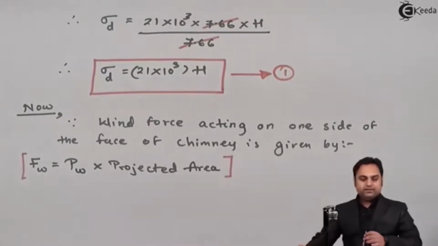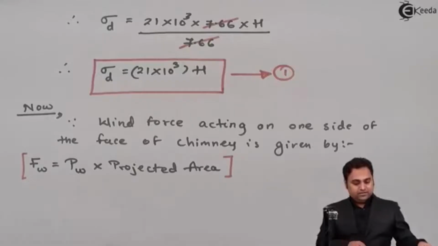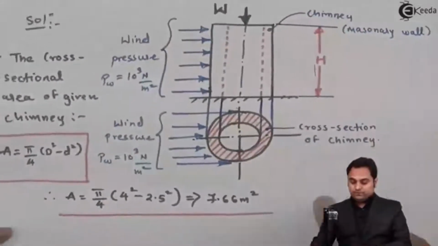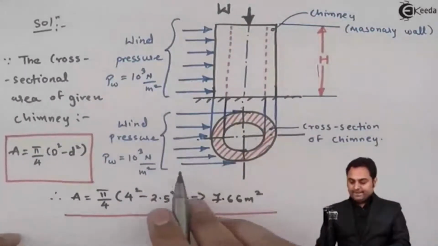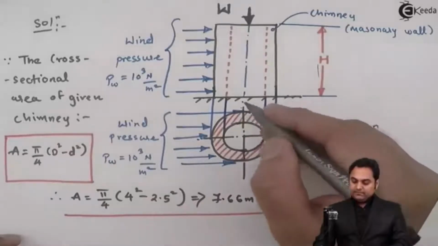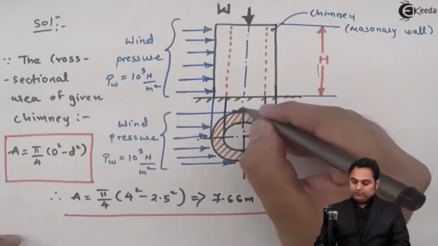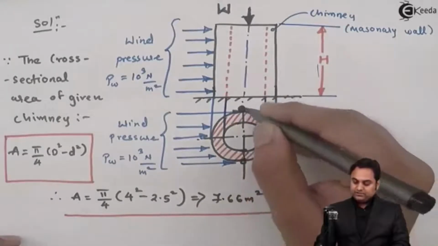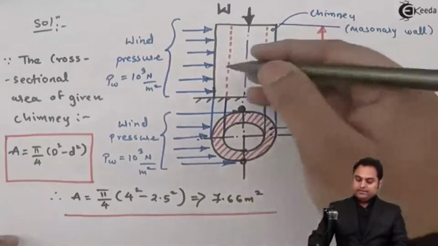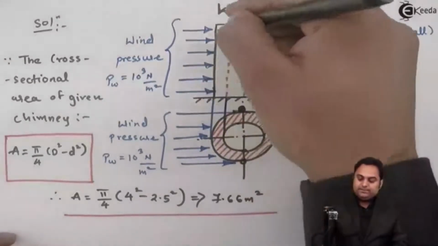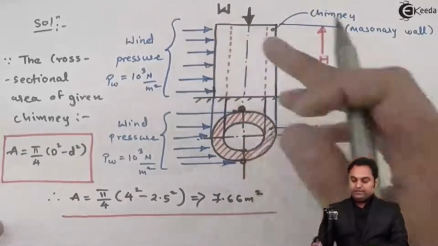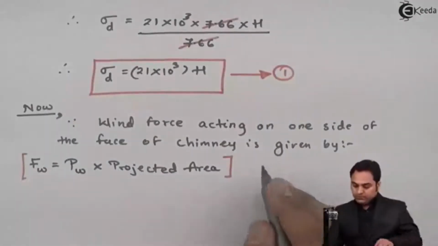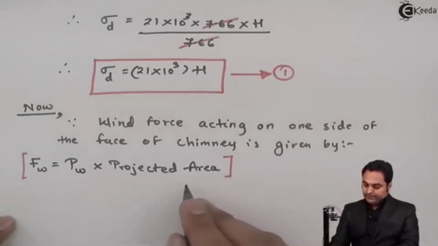And projected area is that area on which the force is acting, and that area would be, as we can see from the top view, the wind would be in contact only up till this region. This is the outer diameter into this height. So outer diameter into height, I'll draw it here to explain it in a better way.